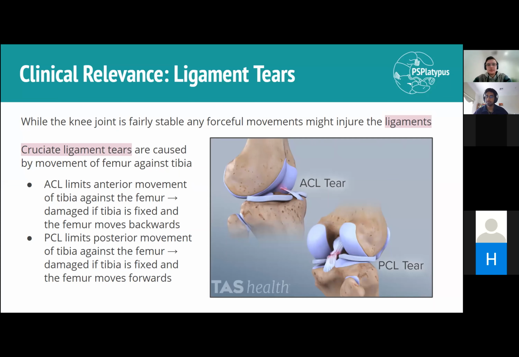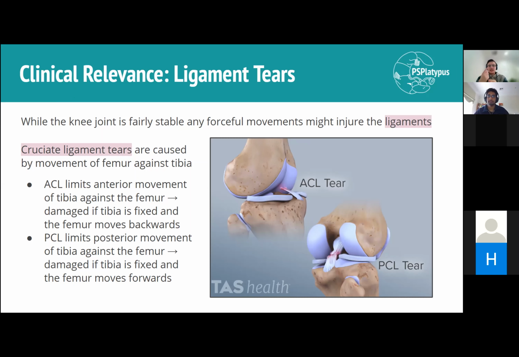Now, generally speaking, and this is where it gets a little bit confusing, so I'd encourage you to revise this again. Generally, when you get a tear, imagine a sports person who's running really fast and then suddenly decides to stop. Their tibia is going to be fixed on the ground most of the time. It's actually the femur that shifts against the tibia, because their body is still trying to move forward but the leg is fixed.